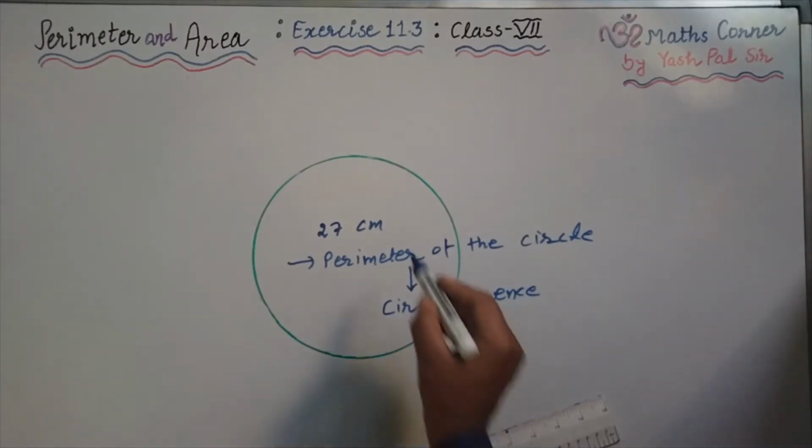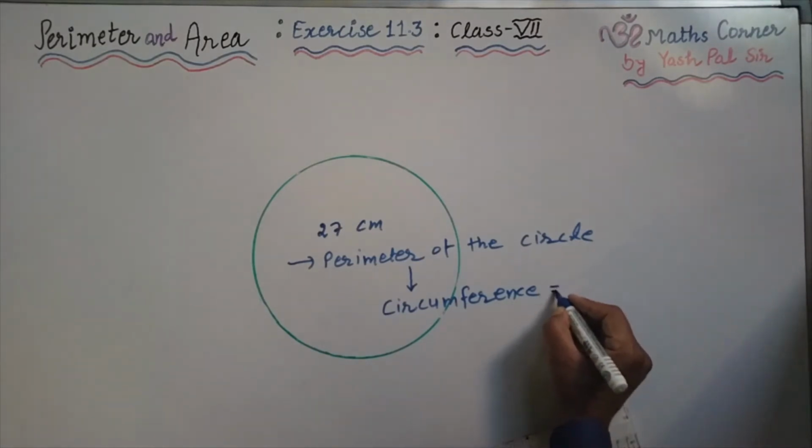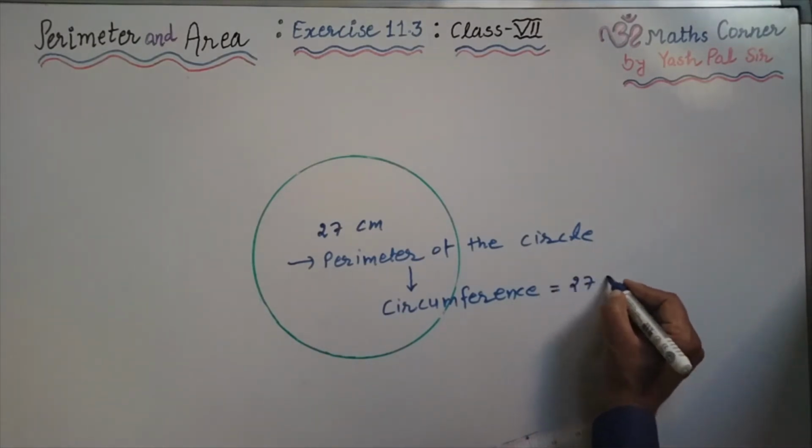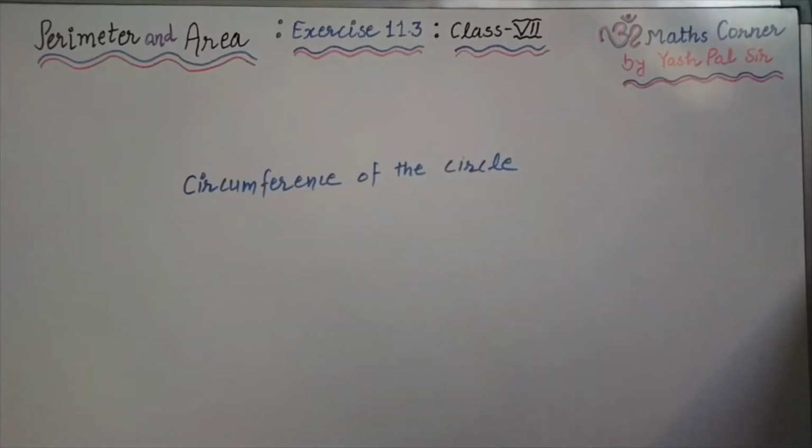So in this circle, what is the circumference? This is equal to 27 centimeter. Circumference means this outside boundary of the circle. Now we are going to discuss the formula for finding the circumference of the circle, which will be applicable for every circle.